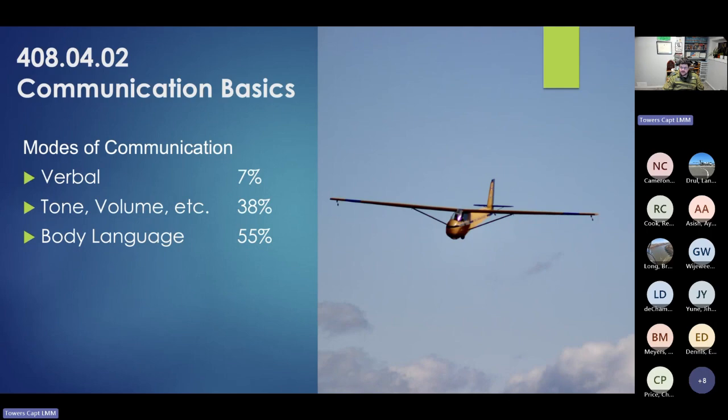Now, if you look at those stats, what do you think happens when you're working at a noisy aerodrome with engines running, where you're focused on a specific task, etc.? Any ideas? You think there's any potential for problems there? Things can get confused. Yep, they can get misinterpreted. They can get misheard. All sorts of issues. So in those environments, it becomes difficult to communicate effectively because we may be losing out on one or more of the modes of communication.